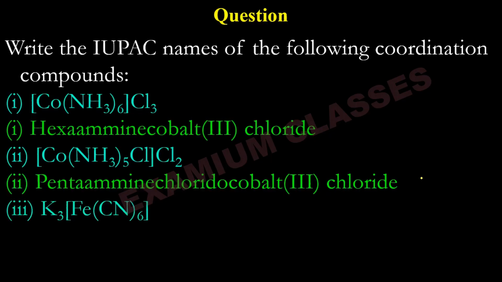Next, K3[Fe(CN)6]. Now remember, this is the anionic part. If it is the anionic part, Fe will not be written as iron. It will be written as ferrate, ATE. So not ironate, ferrate. If it is the cationic part, then we will write iron(II) or iron(III) depending on the oxidation state. But if it is the anionic form, we will write iron as ferrate.